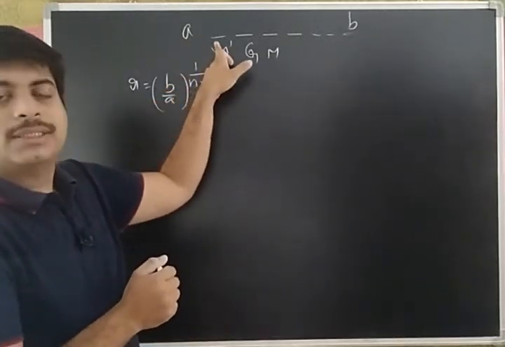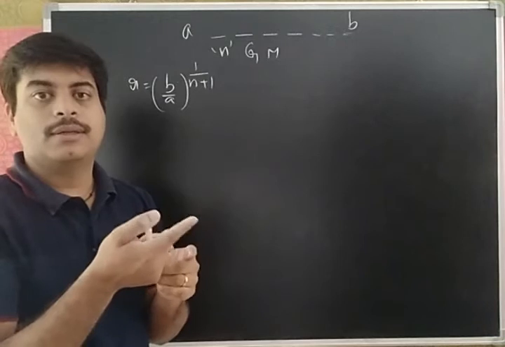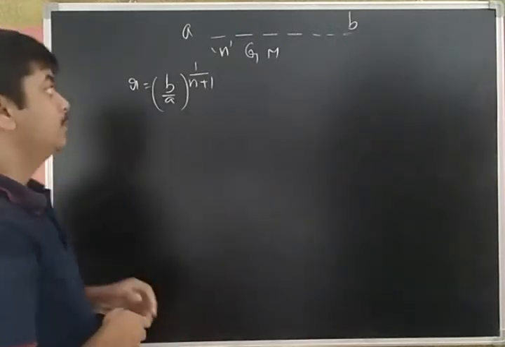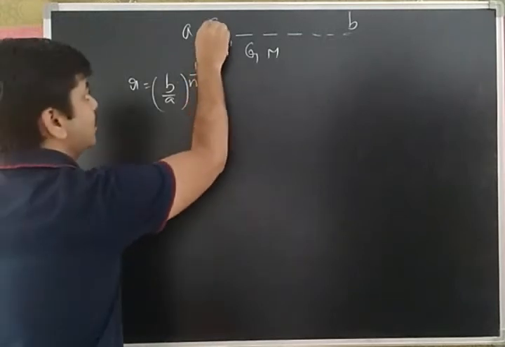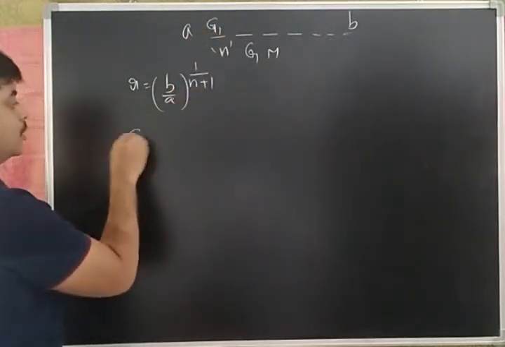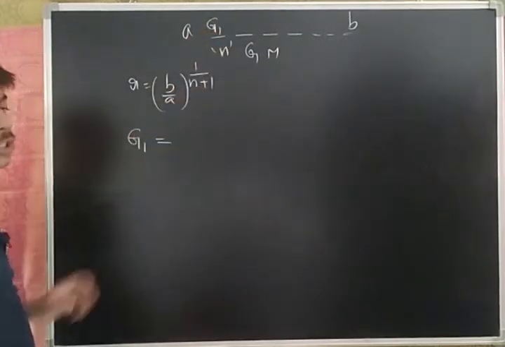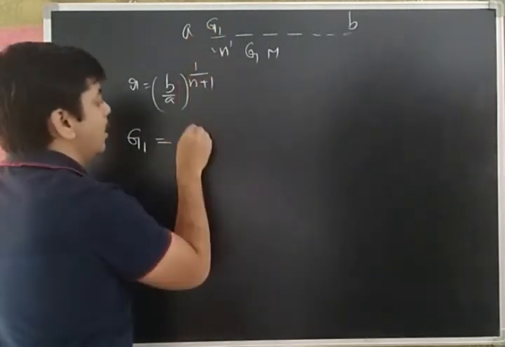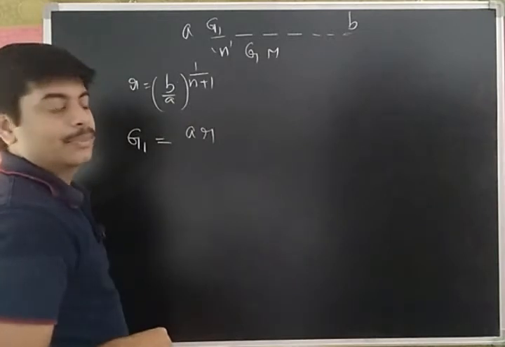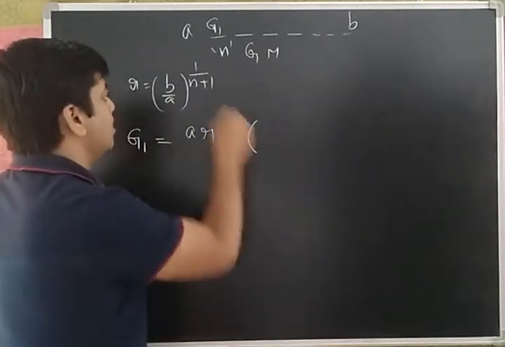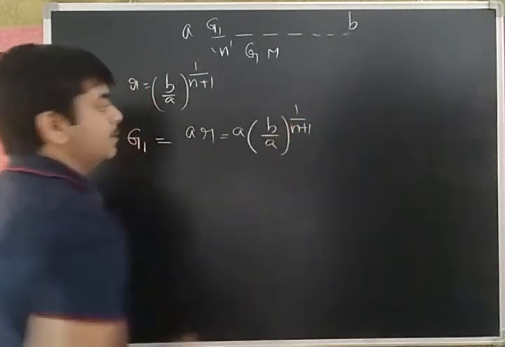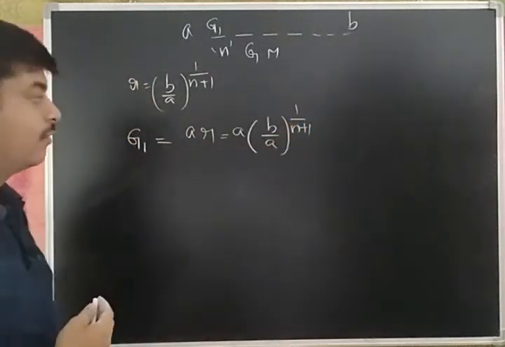What is the next element? a into r. We should multiply with common ratio, right, for geometric progression. So I'm taking this number as G1, the first geometric mean which we want to introduce. G1 is equal to a into r. Yes or no? So it is a into b by a whole power 1 by n plus 1. That is the first geometric mean we want to find.